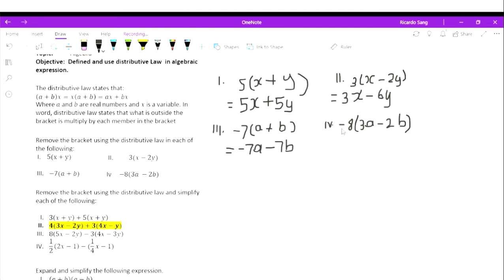So 3 8s are 24, and that's a negative 8.